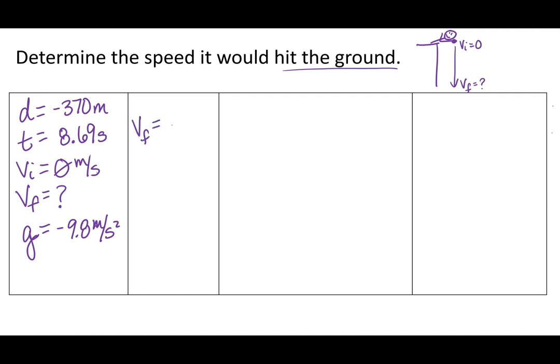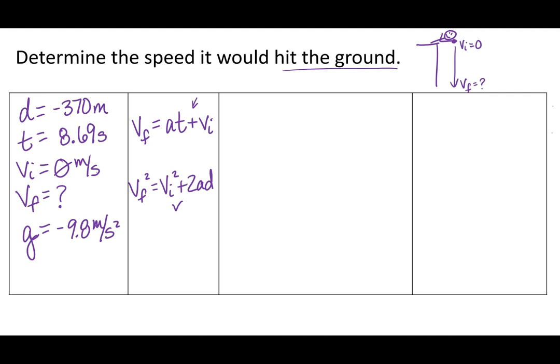VF equals at plus VI, or VF squared equals VI squared plus 2ad. Since I already did this one, I'm going to do this one instead, okay? But you can go ahead and try this one out, and you should get exactly the same answer that I do.